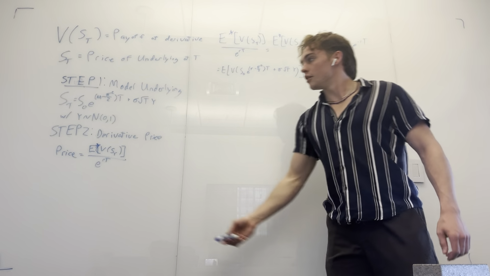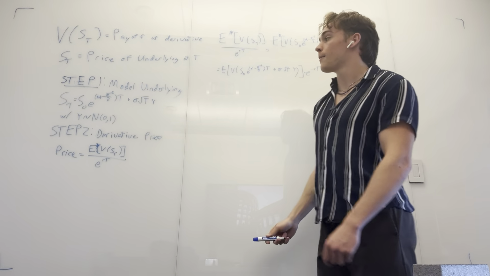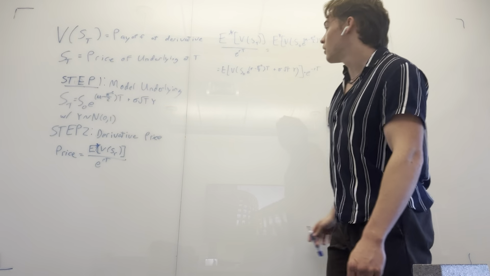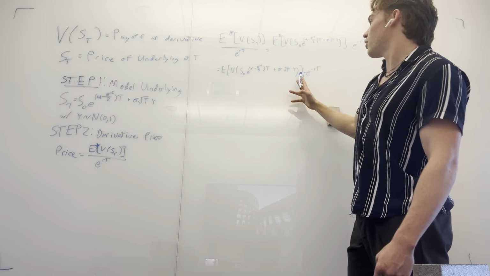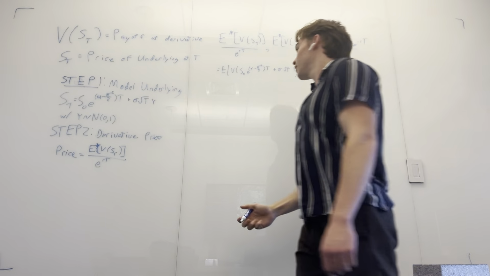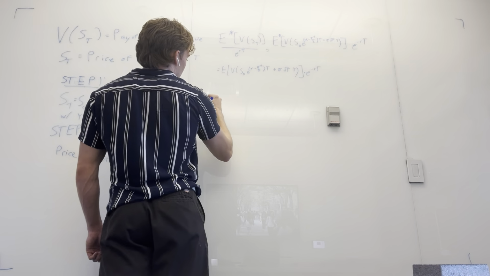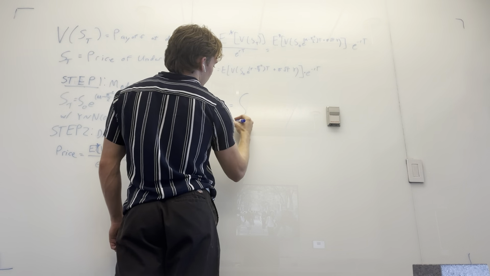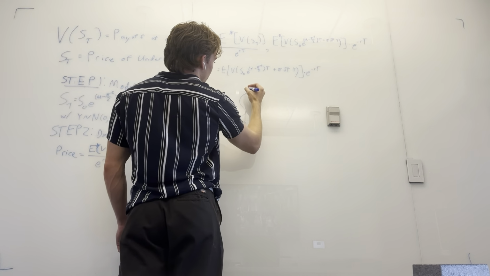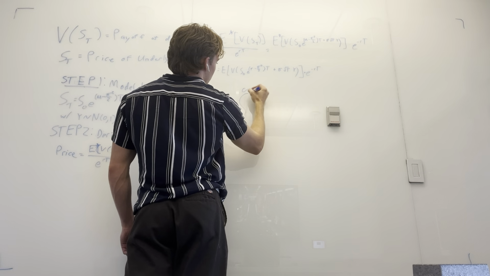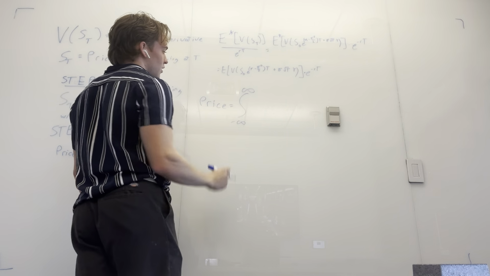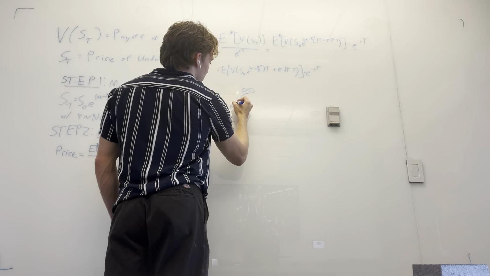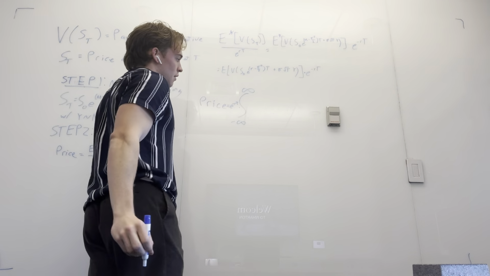And remember this switch we made where we said y is a standard normal. We are now going to invoke the law of the unconscious statistician and just say that our price overall is equal to what this value leads to. So this is going to be the integral from minus infinity to infinity. And then we're going to have our e to the minus RT out front.